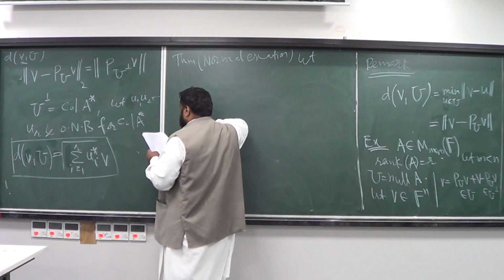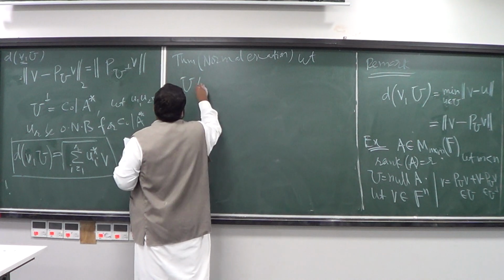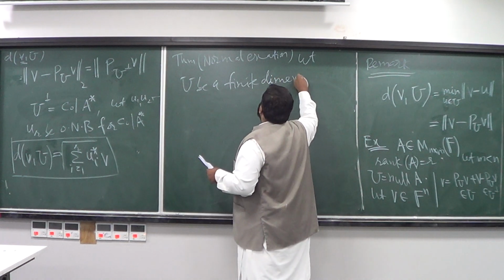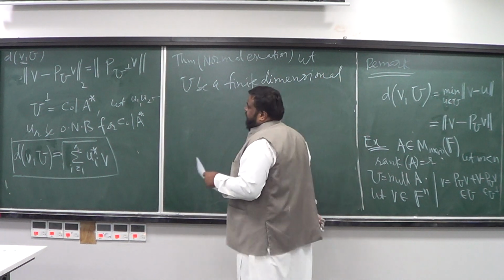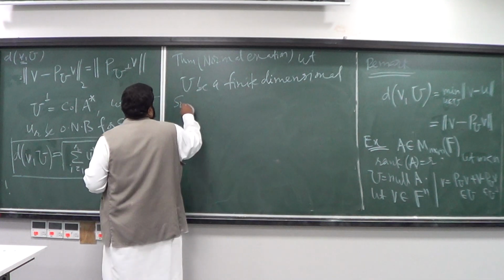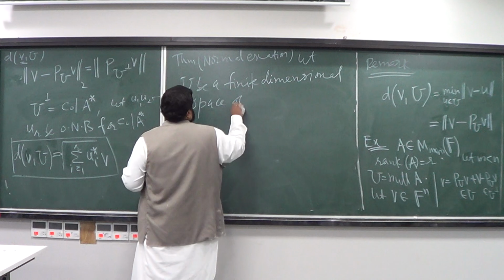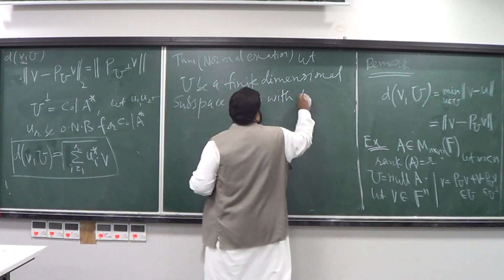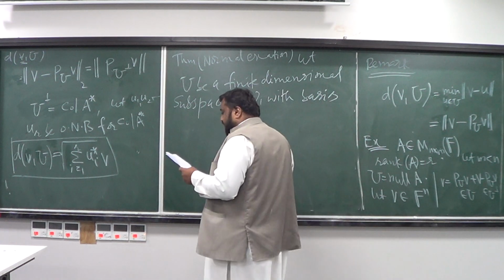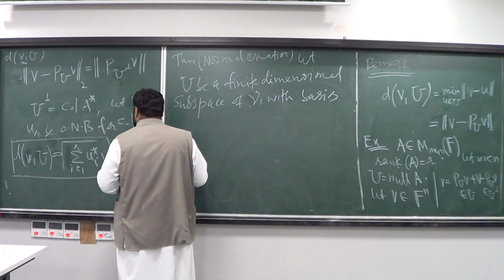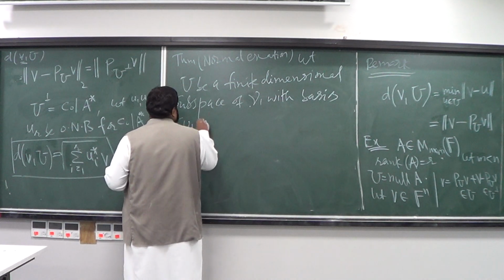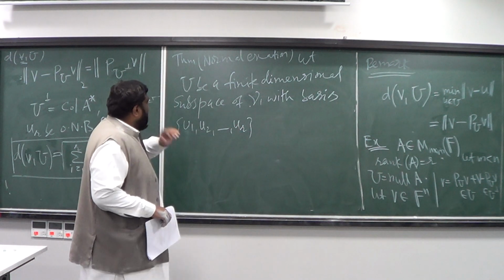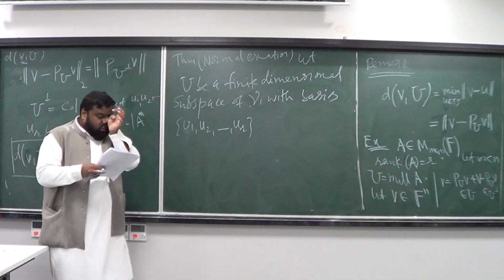Let U be a finite dimensional subspace of the space V, with just a basis, not necessarily orthonormal, U1, U2, up to Ur, or you can say that U is the span of these vectors.